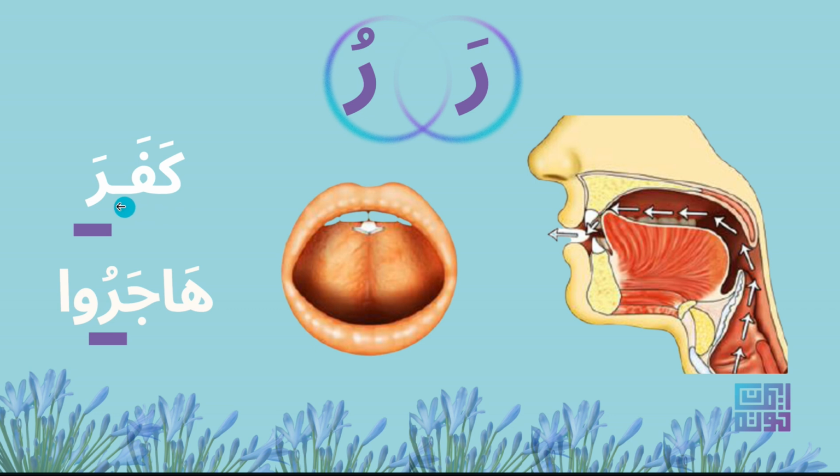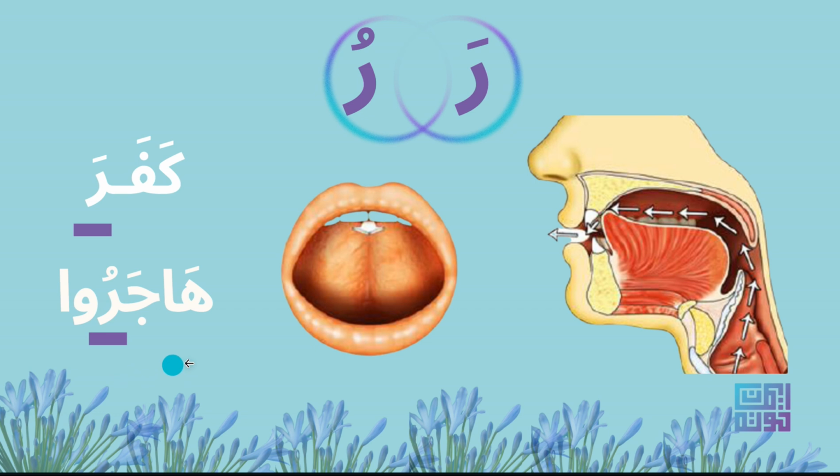Again, kafara. So we don't elevate the kaf and the fa, as that is not proper reading. These two letters are not elevated, so we pronounce them kafa, and then we elevate the ra in the pronunciation, and we say kafara.